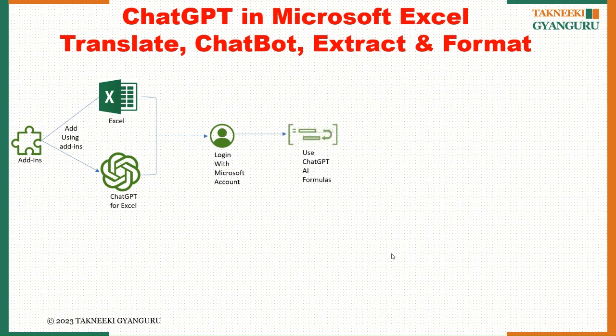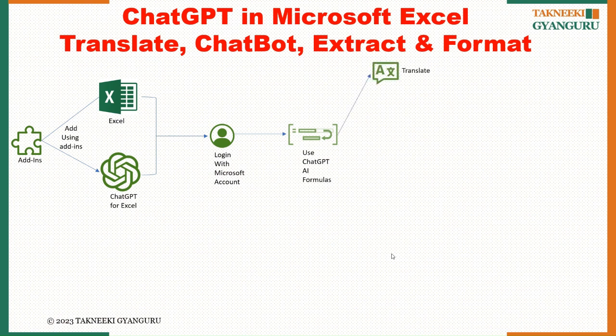Once we log in, we have to use ChatGPT AI formulas to translate, ask anything to the ChatGPT, or extract. We have more formulas, which we'll talk about in later videos. For now, the scope is to show you a demo on translate, chatbot, extract and format.